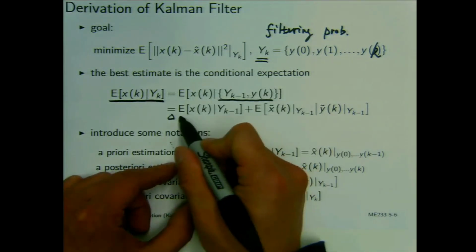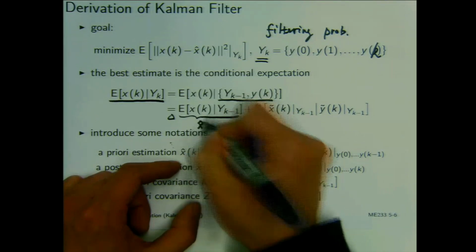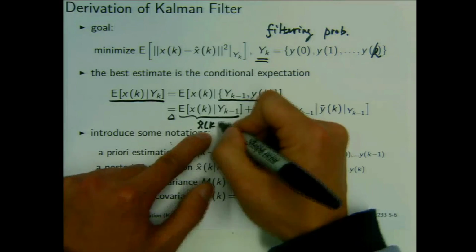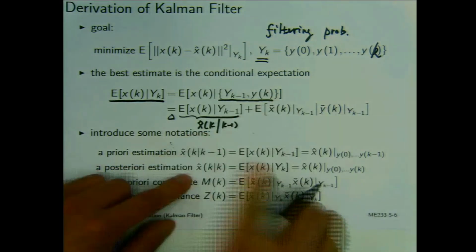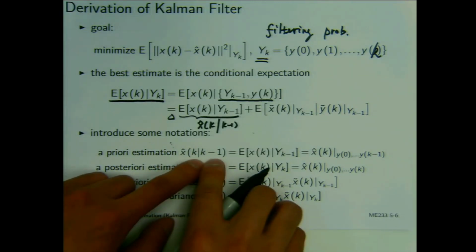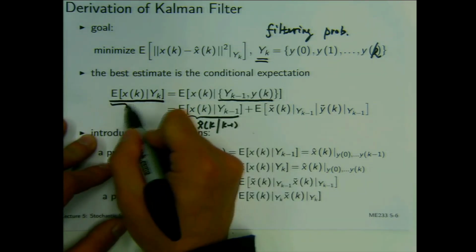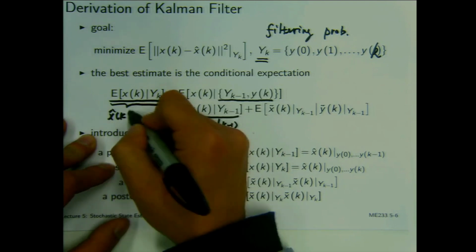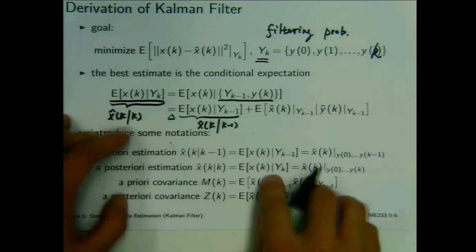First of all, this term is the estimation of x, so it's x hat. We want to estimate x_k, and the information we have is up to k minus 1. So x hat k given k minus 1 is the first term. Similarly, for this term, we are estimating x using all the information up to k. This is how this notation comes from.